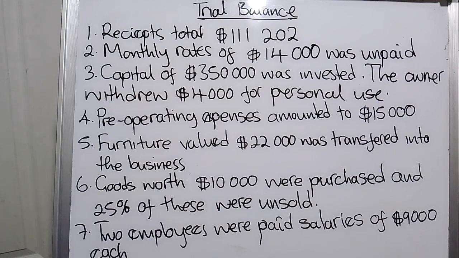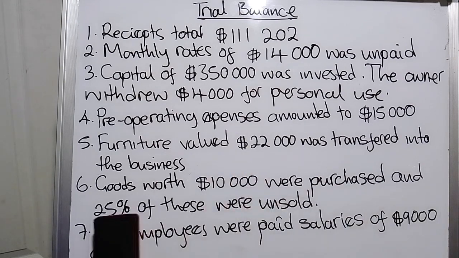Goods worth 10,000 were purchased and 25% of these were unsold. To go with this statement, we need to separate it so that we deal with each scenario alone. Goods worth 10,000 were purchased. We debit purchases with 10,000, then credit the bank account where the money came from with 10,000.